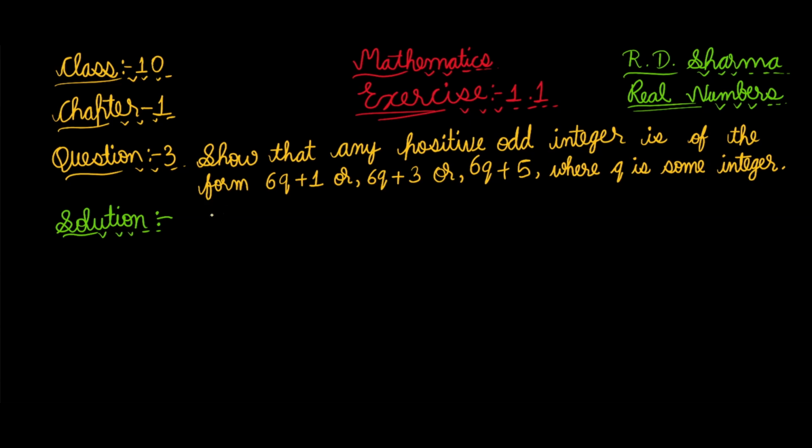So we will assume that a is any positive odd integer, and b is equal to 6.